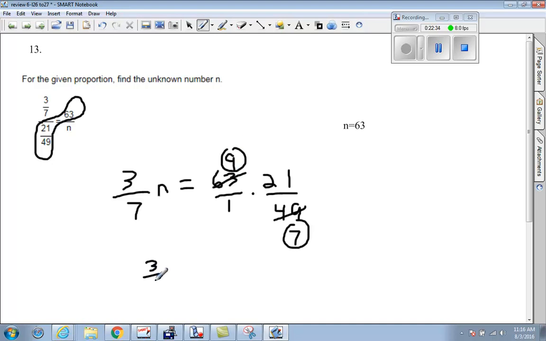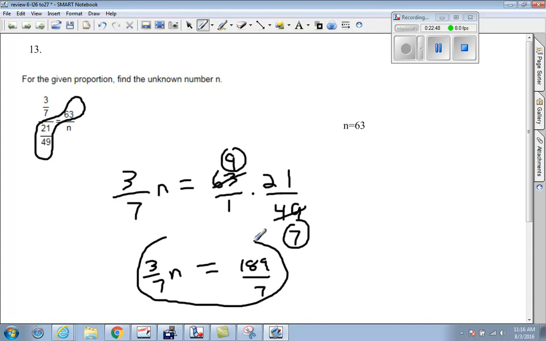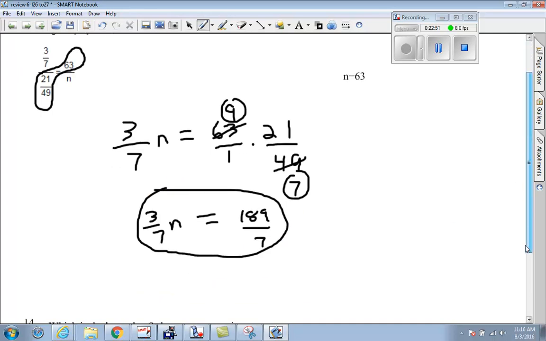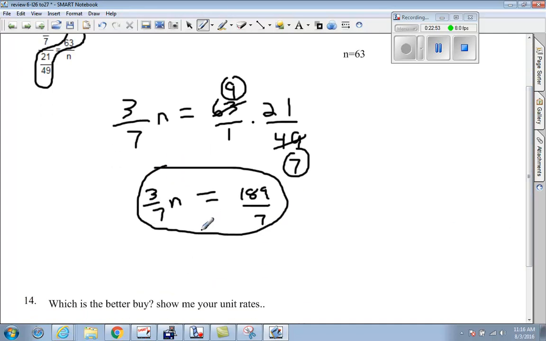Okay? So then you have 3/7 n equals, well, let's see, 9 times 21 is 189, and 1 times 7 is 7. So when you arrive here, you're just about ready to solve for n. You have to divide by 3/7. So I'm just going to write here divide by 3/7, because I know that division really means multiply by the reciprocal.